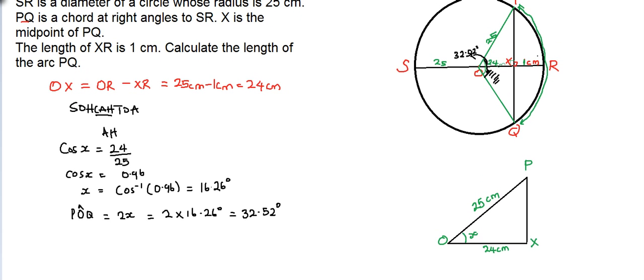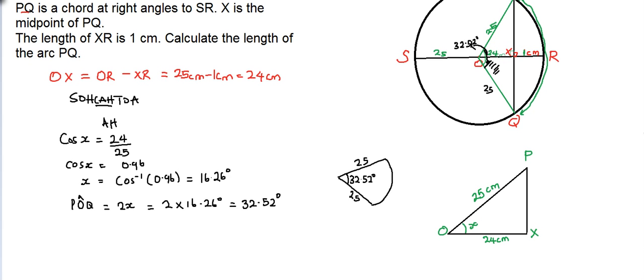We can work out this arc. So we will have something that looks like this. So we need to find the arc here. We know what the angle is here, which is 32.52 degrees, and the radius is 25 here as well. So the arc is a part of the circumference.